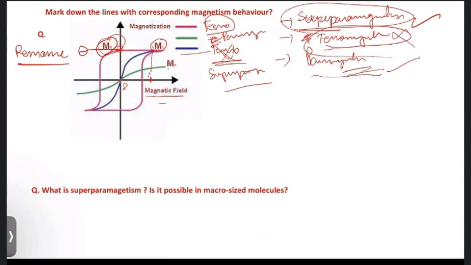If I want to remove that magnetization, I have to apply the magnetic field in the negative direction to cancel out those magnetic moments. That is why I change my direction: this is positive, this is negative. To get magnetization zero, I have to apply the magnetic field in the opposite direction. Since we have to force it, this point becomes coercivity.